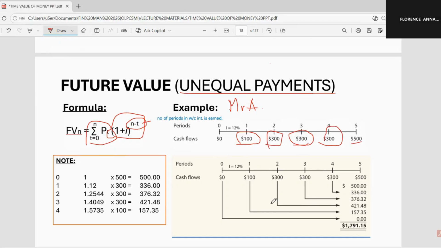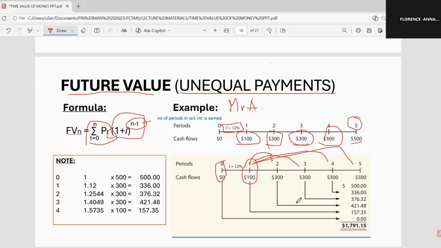How much is his future value at the end of 5 years given the interest rate of 12%? So, for time 0, period 0, wala pa, di ba? And in period 1, meron siyang in-invest na $100. Ilang periods mag-earn ng interest si $100? 1, 2, 3, and 4.